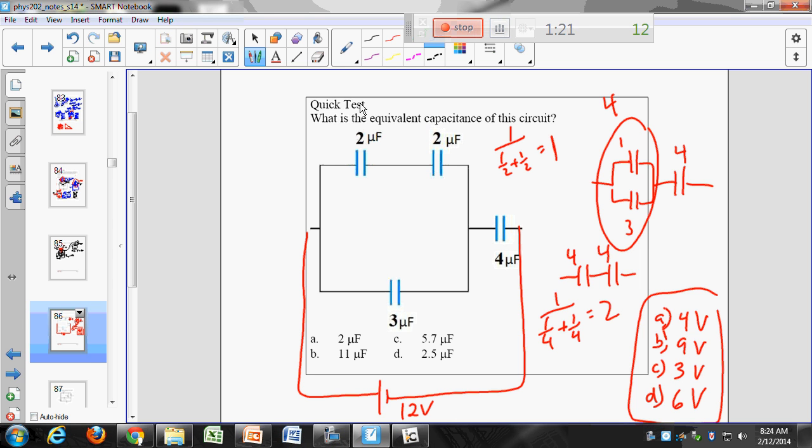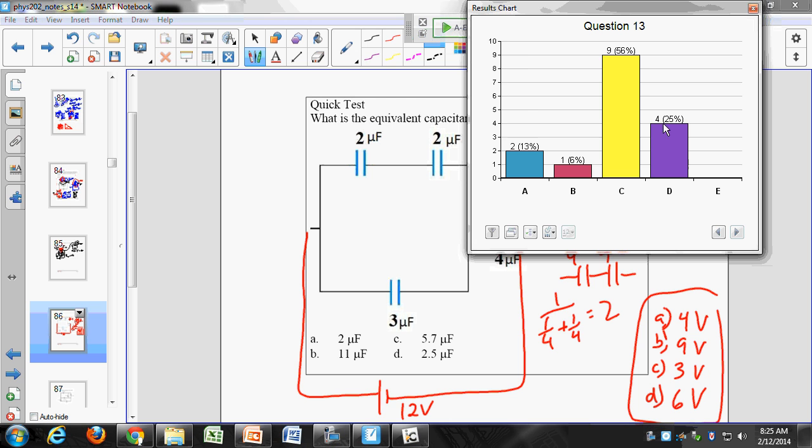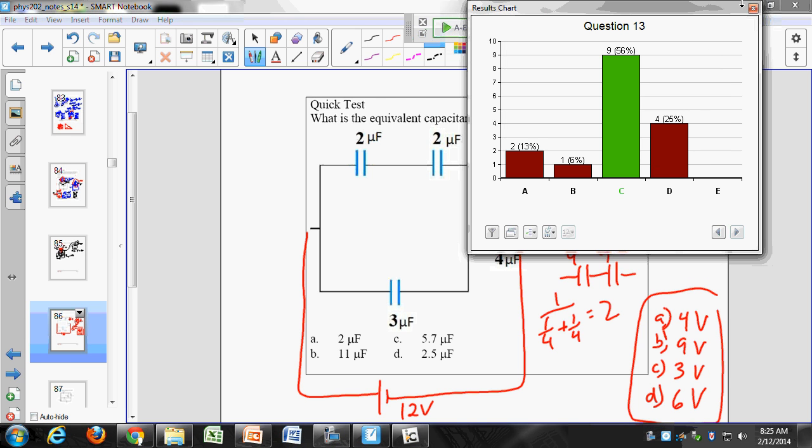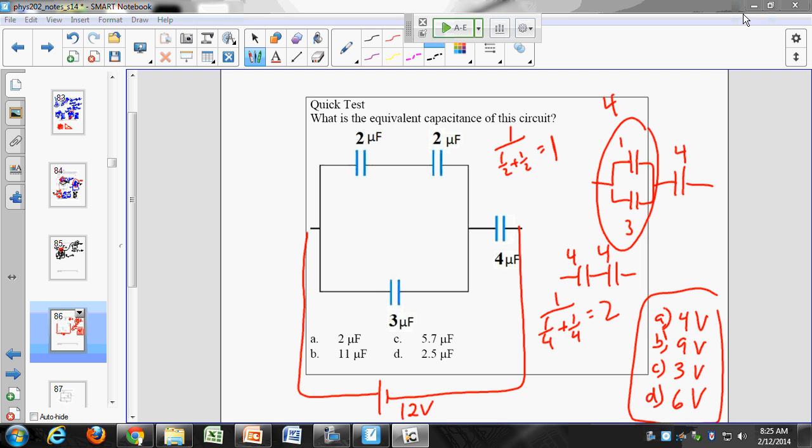About 10 or 15 more seconds. I'll stop at 135. C is correct. Next time we'll work through this, doing all the charges and stuff. Let me show you quickly.